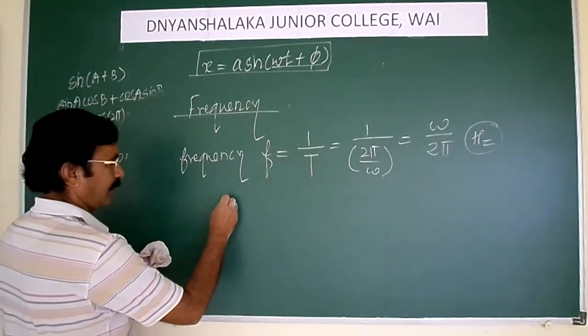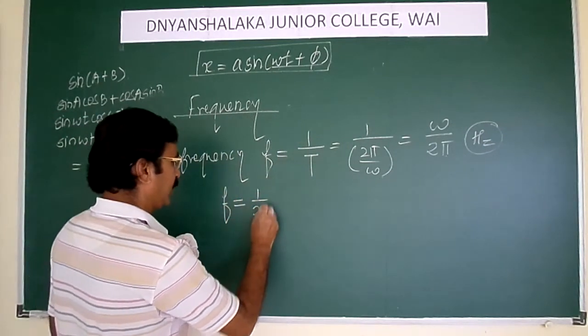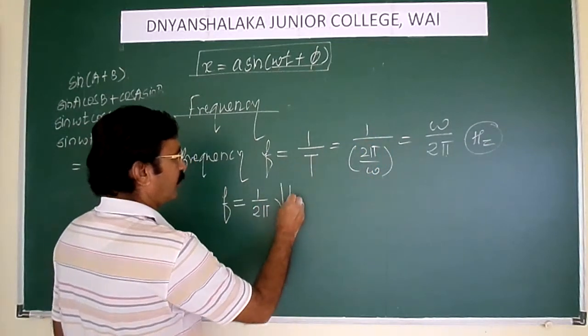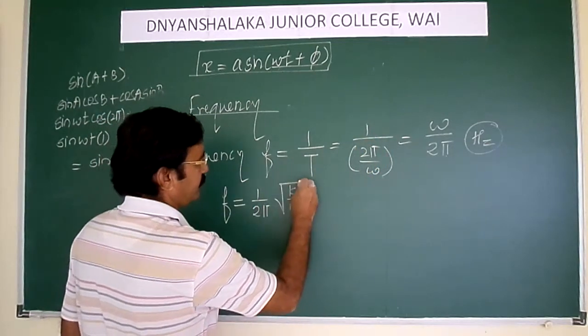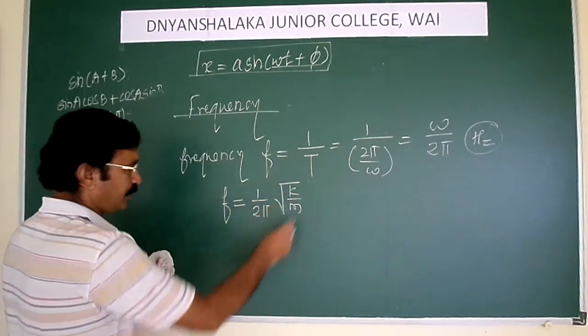So f will be equal to 1 upon 2 pi times omega, and omega can be expressed as root of k upon m, where k is the force constant.